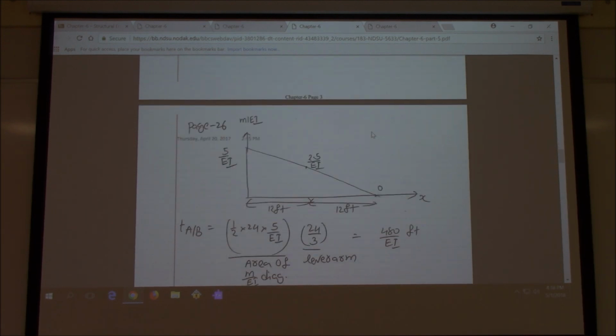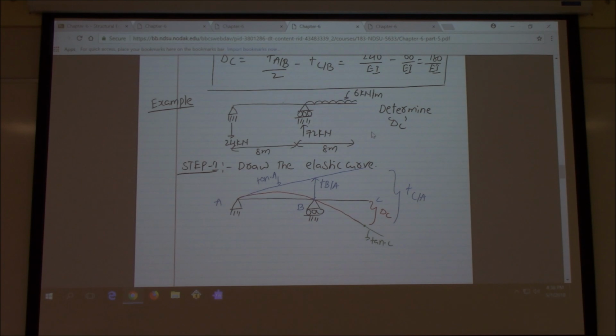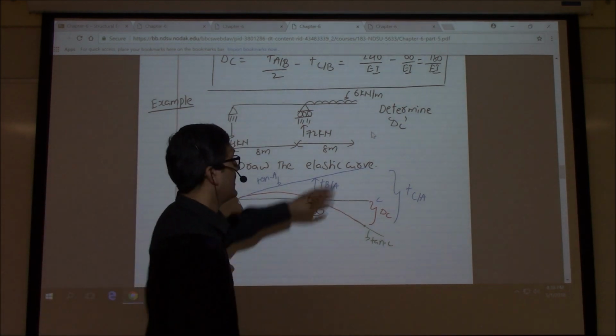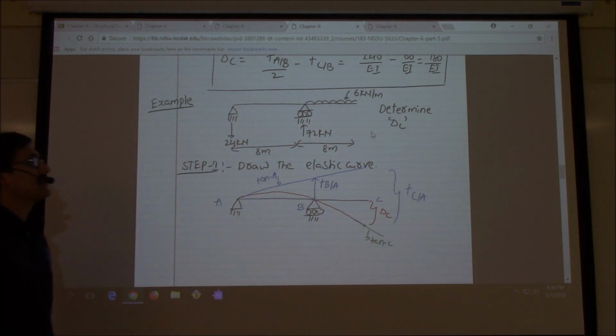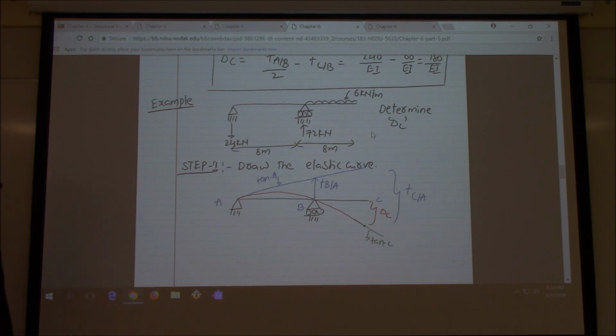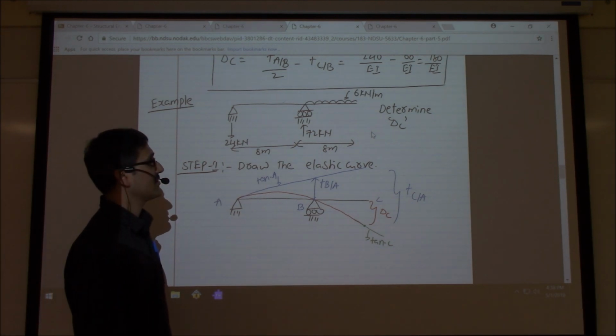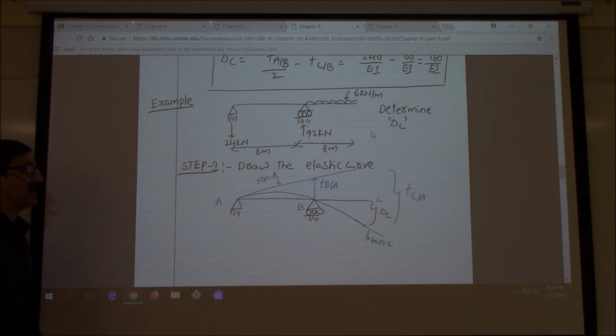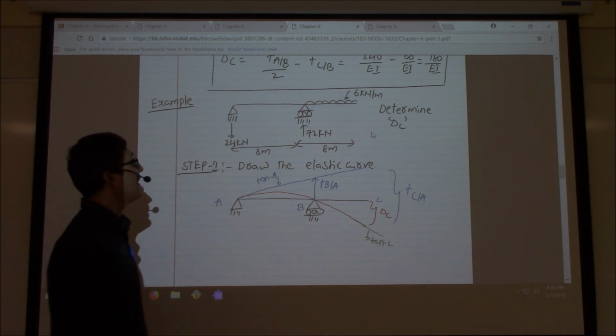So in the next example, which is this overhanging beam, we have to find out the value of delta C. This also belongs to the second category of problem where you do not know the slopes or deflections at certain points, which would simplify your life.